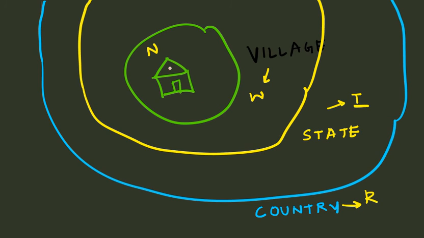So the acronym NWIR. Now let's imagine there's another country, let's consider it to be the irrational numbers. So these two countries, rational and irrational, make up the real numbers. Okay, hope you have enjoyed this. Thank you.